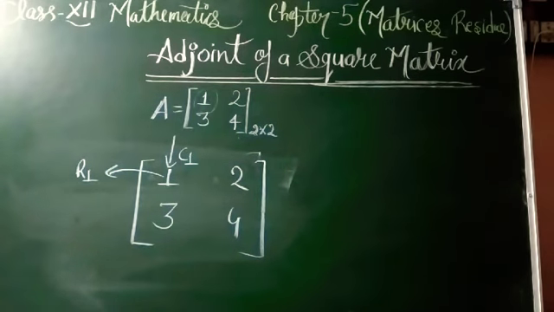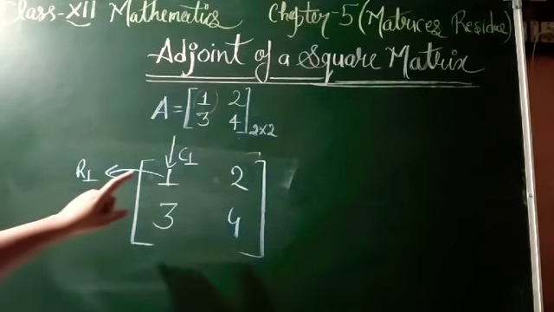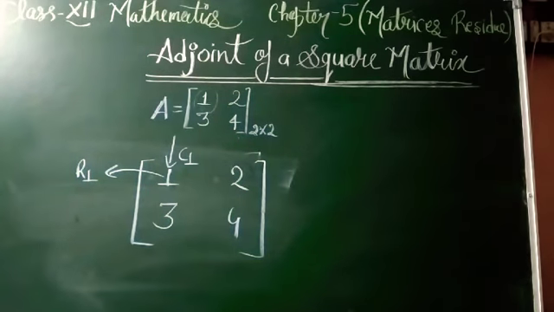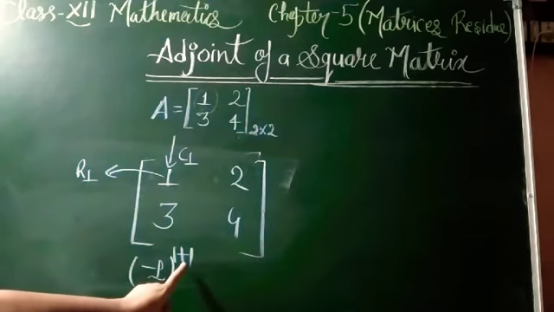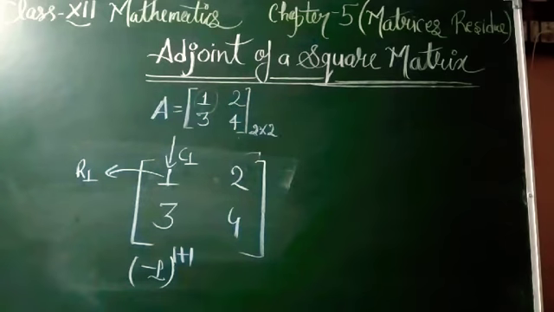What will be its cofactor? It will be negative 1 raised to the power 1 plus 1, because it is in the first row, first column.